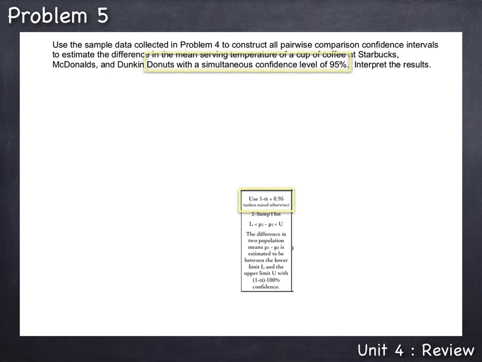And here the problem even states, let's construct our confidence intervals with a simultaneous confidence level of 95%. But we're going to be calculating three different pairwise comparison confidence intervals. That means simultaneously we want all three of our confidence intervals to be accurate at the 95% confidence level.